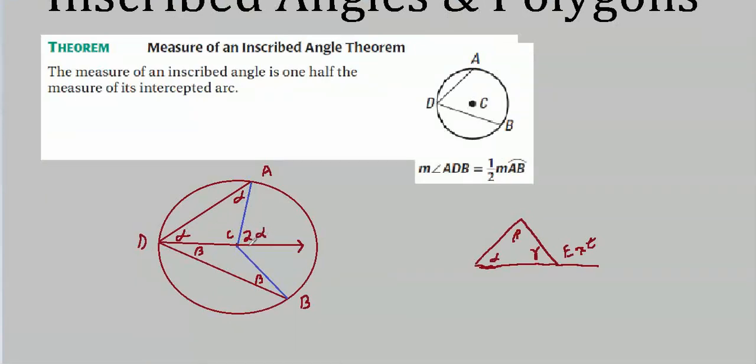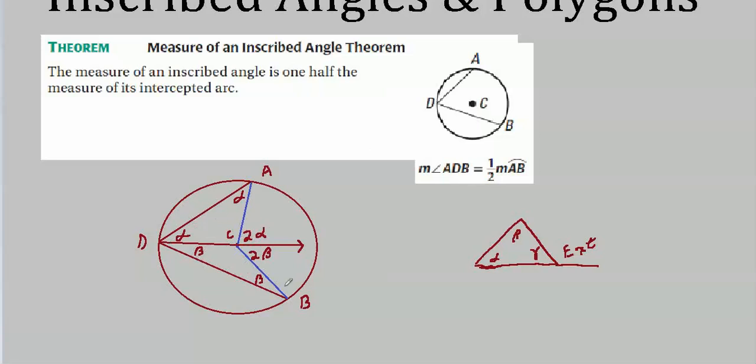And exactly the same thing is true over here. This right here is the exterior angle of this triangle, DCB. And it, of course, is equal to the sum of the two opposite angles, which are both beta, so that's 2 beta. And of course we have an angle addition postulate, which says that this total angle is alpha plus beta.